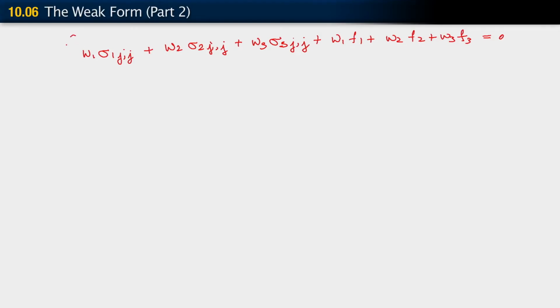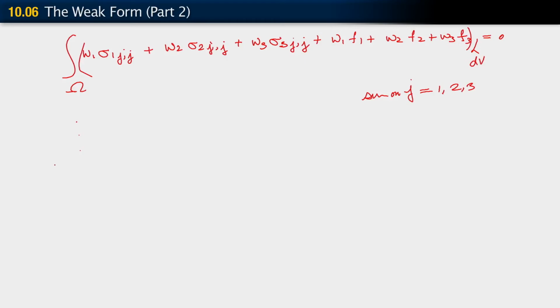Then we integrate this over the volume. Here too, sum over j. Observe that even though we started out with 3 PDEs, we have collapsed them all down to a single weak form, a single scalar equation, really. And then from here we do integration by parts and so on.